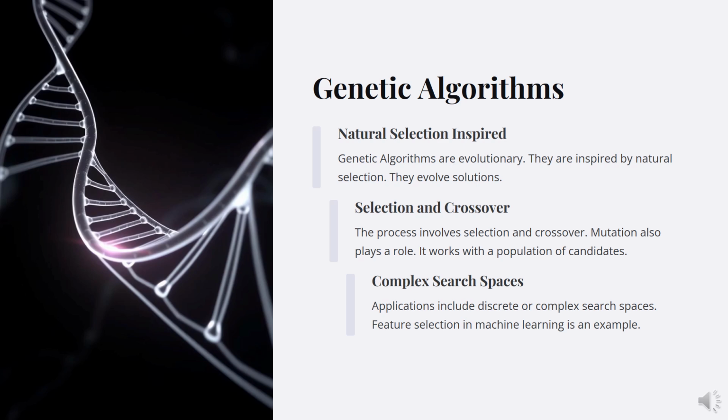The process involves selection and crossover. Mutation also plays a crucial role, and it works with populations of candidates. Third, complex search space. Applications include discrete or complex search spaces. Feature selection in machine learning is an example.